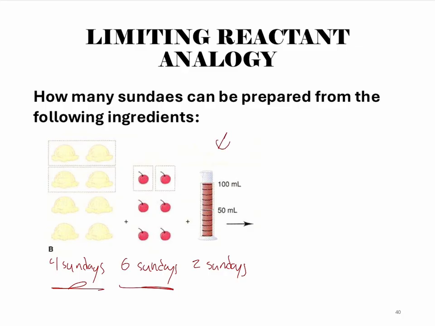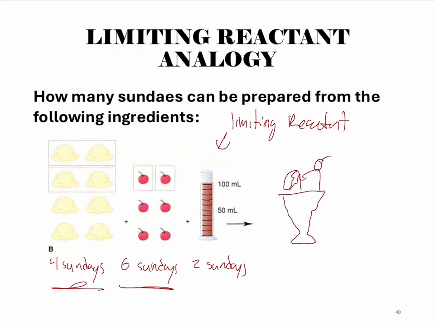So this means that this is going to be our limiting reactant. Because we can only make, let's see if I can draw a little. I think there should be 2 cherries per sundae, but that should be times 2. Because we can only make 2 sundaes from the available syrup that we have.